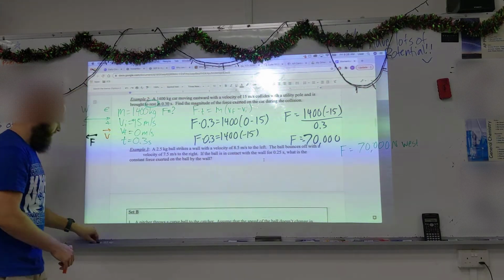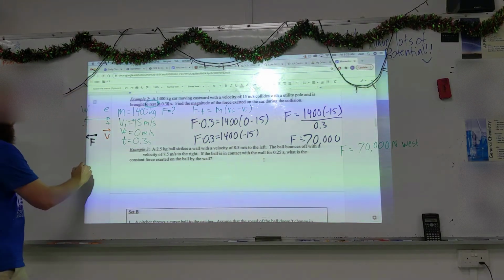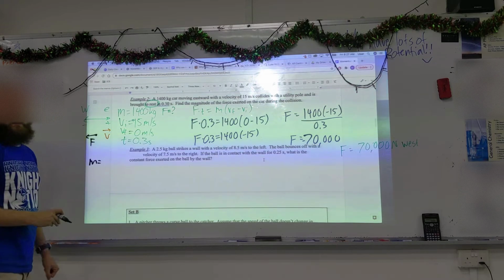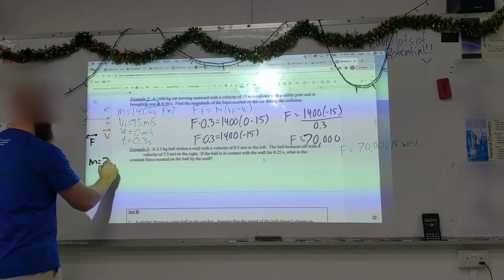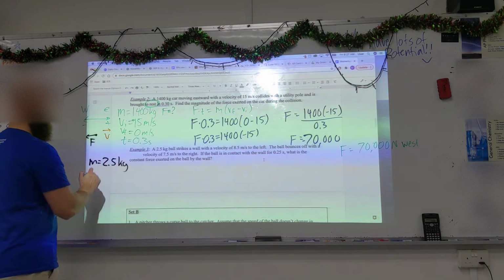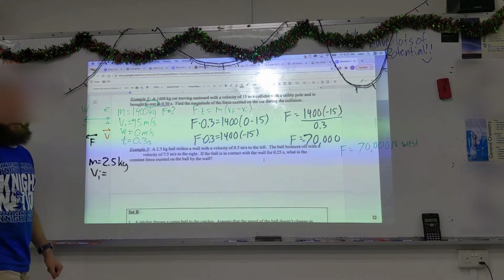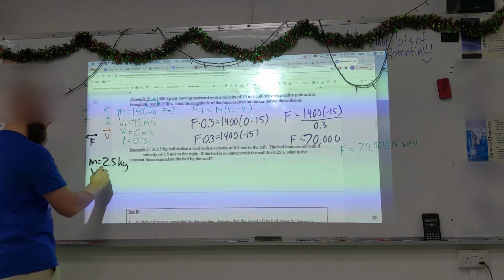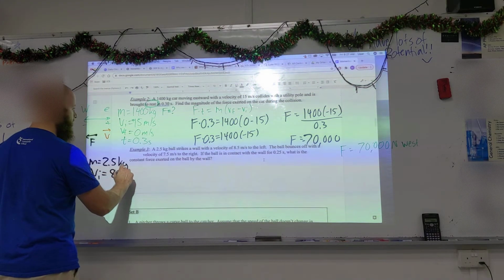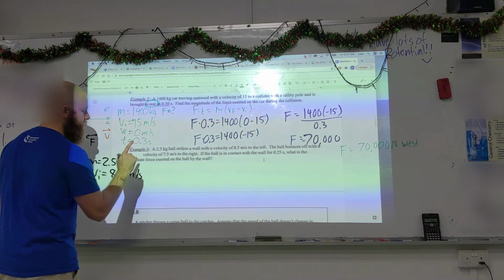So let's go ahead and write down our variables. What's my mass? 2.5 kg. What's my initial velocity? Yeah, so that's going to be 8.5 meters per second. And it says to the left.